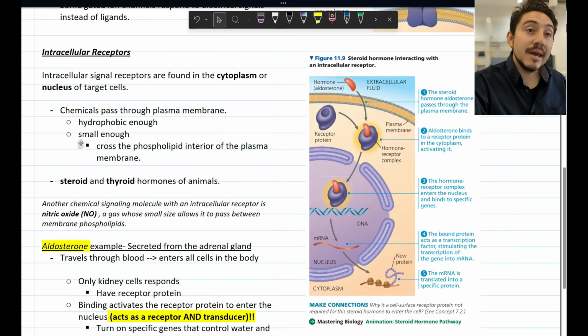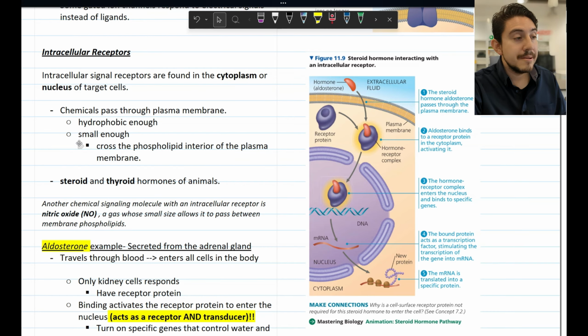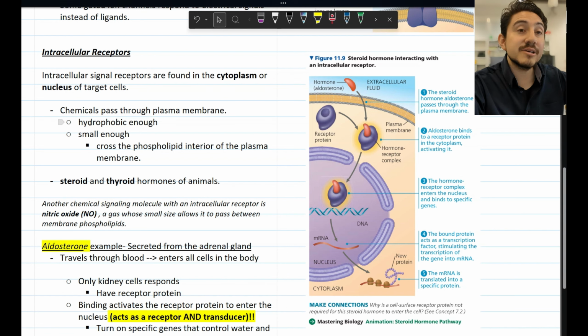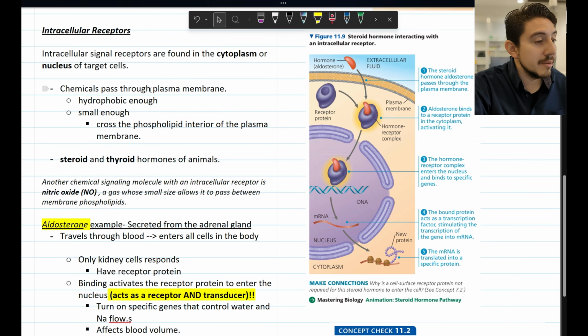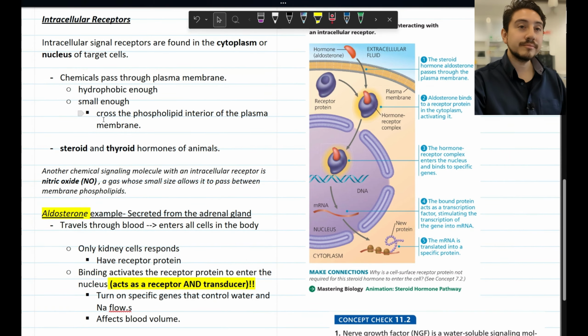All right, and then you can get intracellular receptors. So we've been talking about receptors that are on the membrane of the cell on the extracellular side, but you can also have receptors that are inside the cell. They can be found in the cytoplasm or nucleus of the target cells.